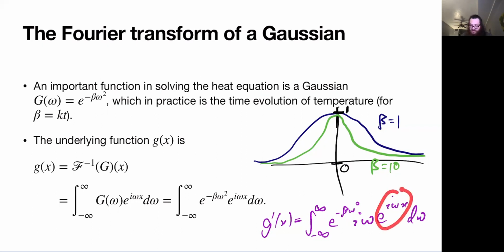Because the only thing here that depends on x is this term. Differentiate by x, this i omega is going to come down. And so then what we do is we integrate by parts, where this is the derivative that you're integrating. One of the appendices in the book has more details on this approach.